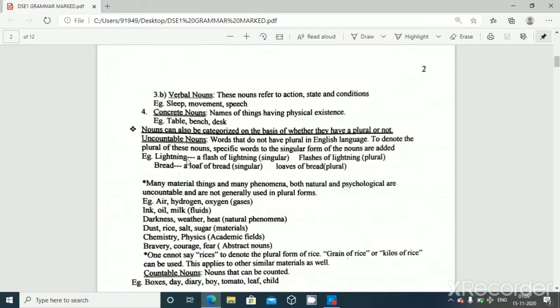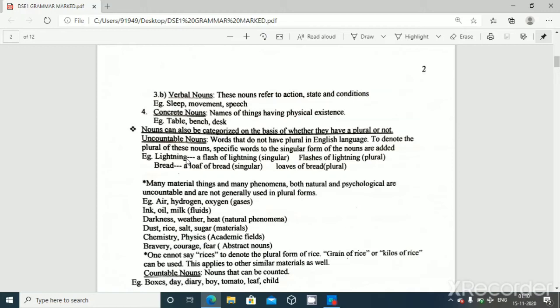So we refer to it in a phrase, a flash of lightning, singular form. And the plural is flashes of lightning. So specific words or phrases are added to refer to the plural form. It's not as easy as the plural form of countable nouns.